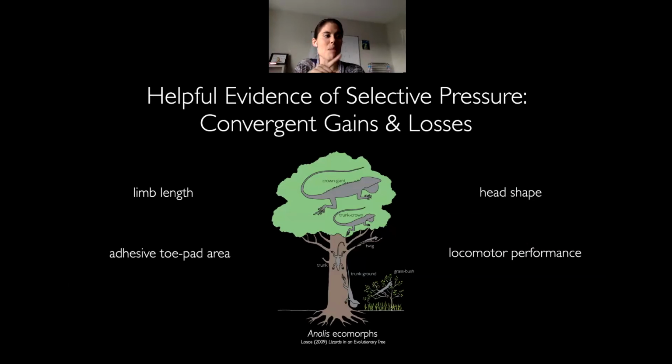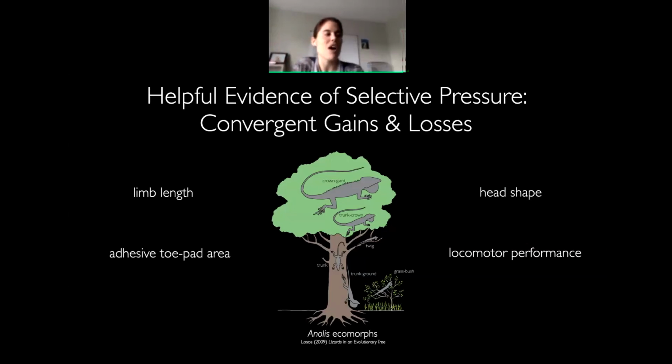And so here are some of the ecomorphs from this figure from Losos 2009, and we can see some of the species that have specialized in the topmost crowns of the trees, getting very large with very large heads and nice big adhesive toe pads.